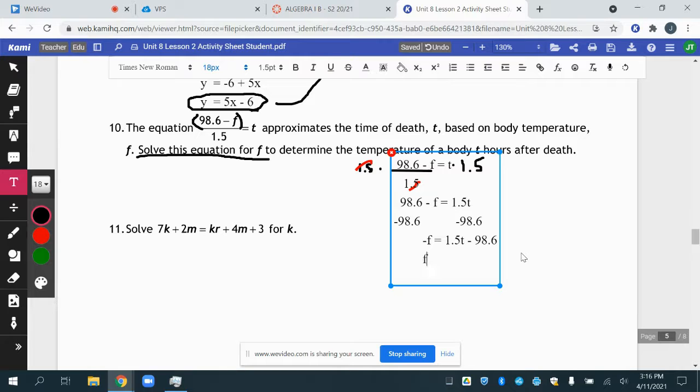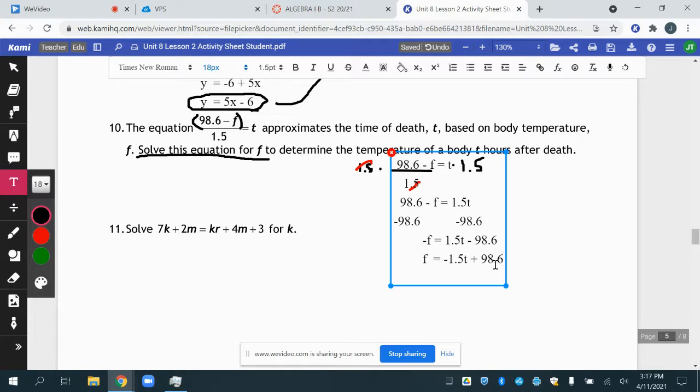I give you permission for the rest of mathematics: if you make sure to change every single number, change its sign, that works. I changed F from negative to positive, 1.5 from positive to negative, and 98.6 from negative to positive. I switched them all. And now we have solved for F.